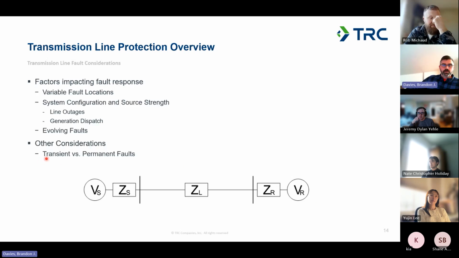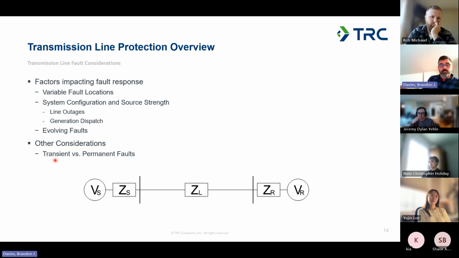And then you've got some other considerations as well. You've got transient versus permanent faults. A transient fault would be something like a lightning strike that hits the transmission line and then goes away. You trip the line off, but then you could close it back in, and there's no permanent physical damage to the line equipment itself. It just tripped off because of the lightning strike.